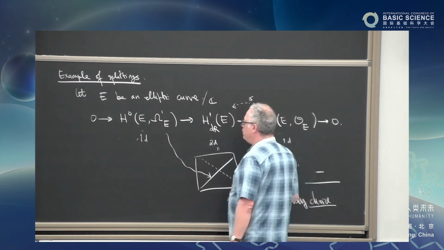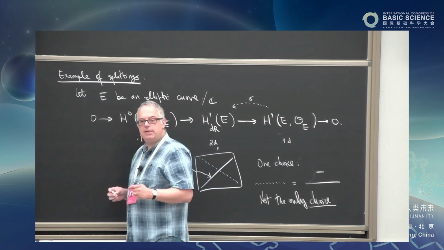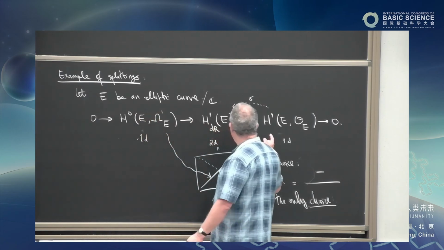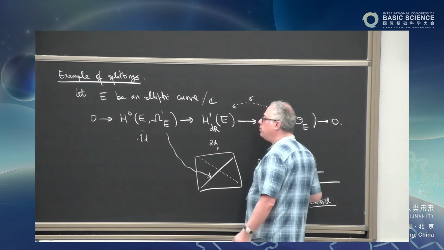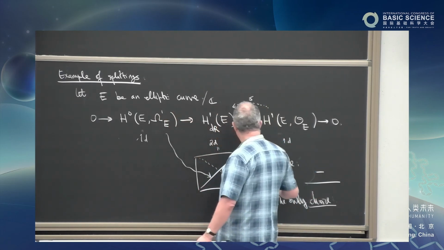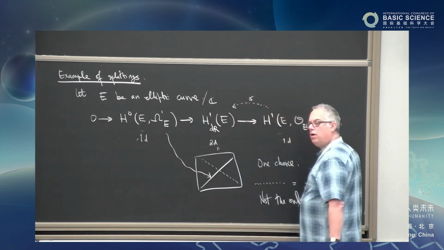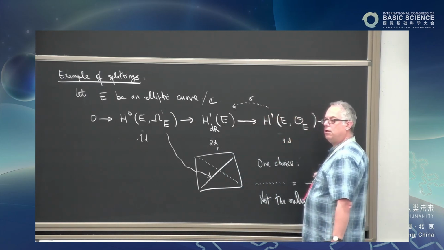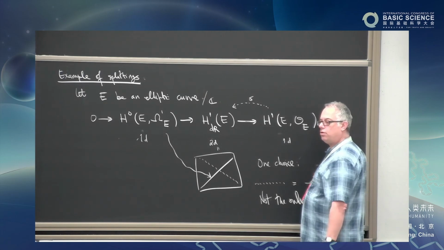Why do we need a different choice? Maybe let me try to explain this. When you look at this complex conjugate splitting, you are interested in how it varies in a family of elliptic curves. And because of this complex conjugation here, you are actually introducing a non-holomorphic variation.